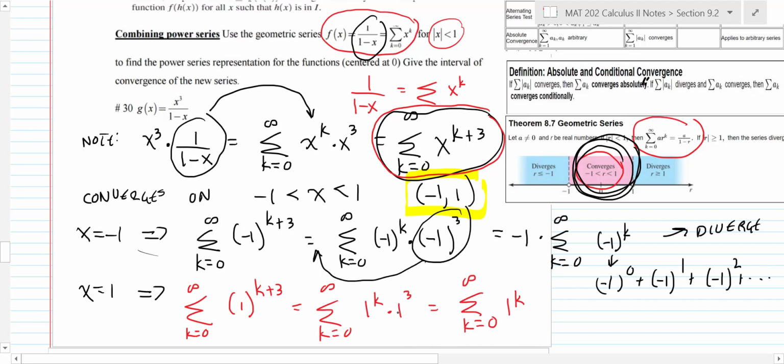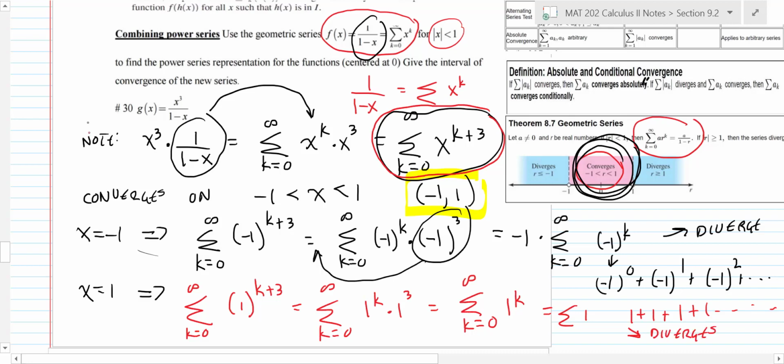Okay, do you think that series converges or diverges? What is 1 to the k? It's 1. 1 to any power is 1, right? So what you really end up with is the series of 1s. That's just 1 plus 1 plus 1 plus 1 forever and ever and ever. So clearly that one diverges. Okay, so that would be the answer on that then.